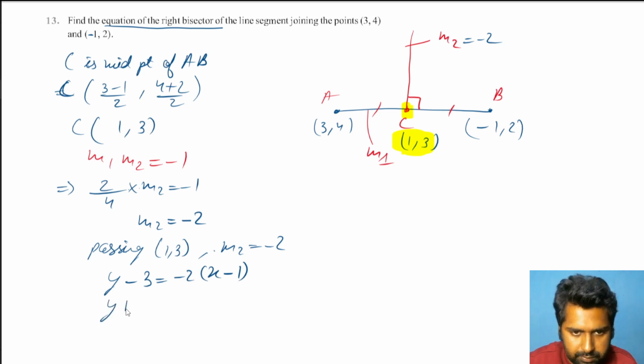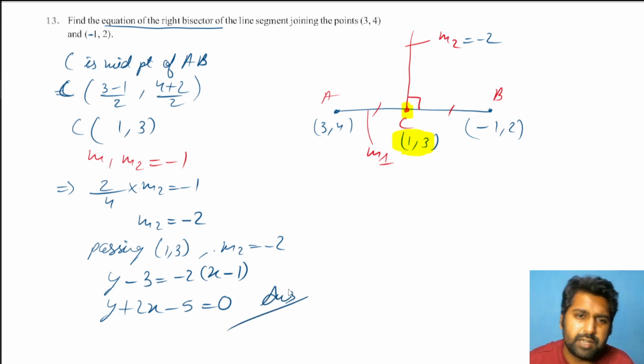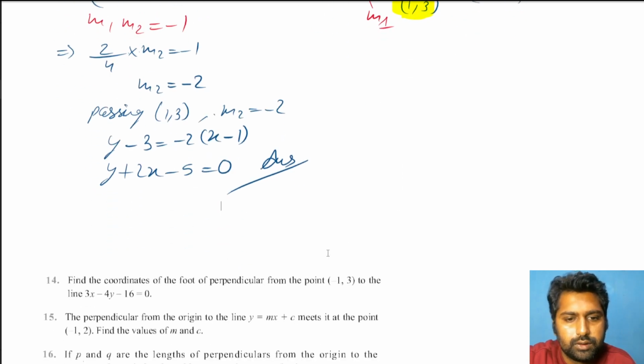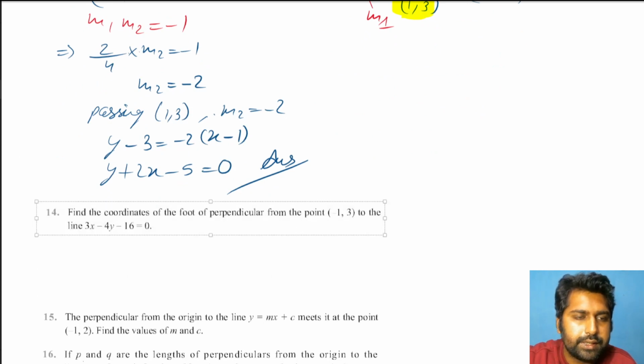So this becomes 2x plus y, this is minus 3 plus 2 minus 5 equal to 0. That's your answer. Equation of right bisector. So the concept of midpoint is used, concept of slope is used, concept of perpendicular lines is also used. Everything is getting mixed together now.